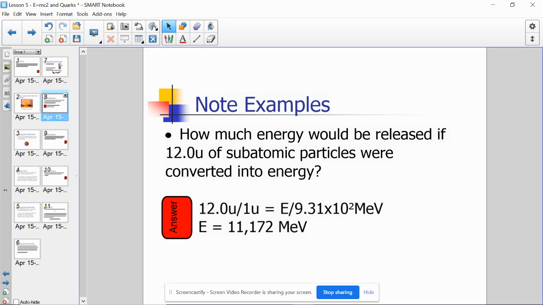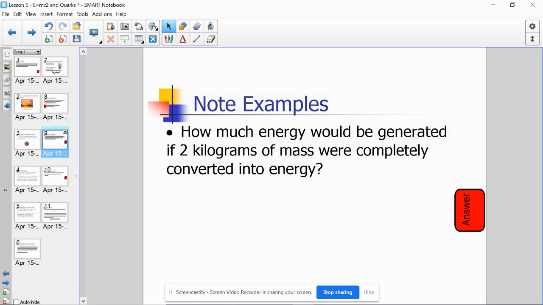Now, if you want to look at it in terms of typical energy units like joules, look at how much energy would be generated if 2 kilograms of mass were completely converted into energy. Just to give you perspective, the nuclear weapons that were released on Japan had about 2 to 5 kilograms of material in them, and you saw how much devastation that caused.